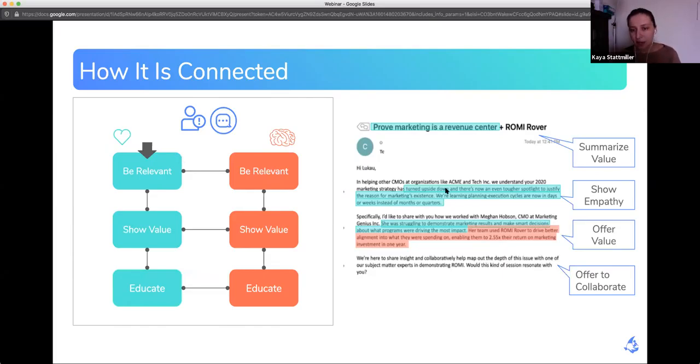Then the email describes your emotional problem: "your marketing strategy turned upside down." This is something buyers are actually living, and they think, okay, he knows me. And then, "there is now an even tougher spotlight to justify the reason for marketing to exist." If you are the buyer, it's like, oh my God, yes, this is me.